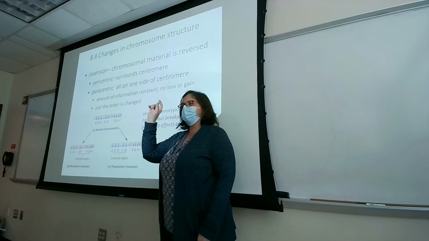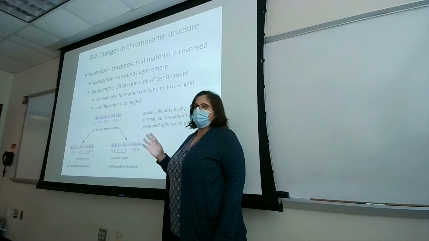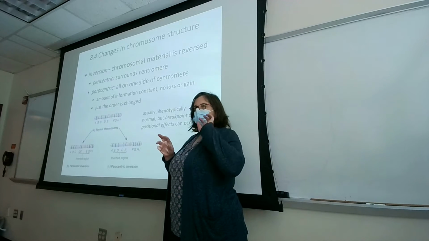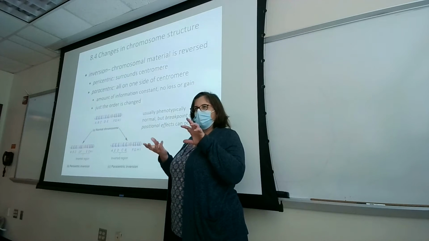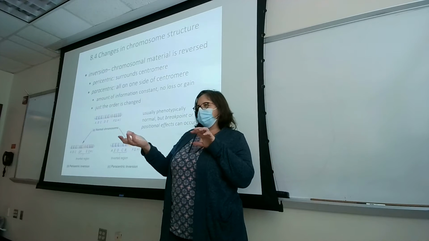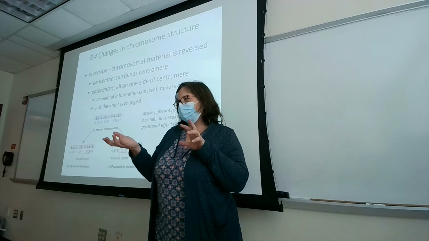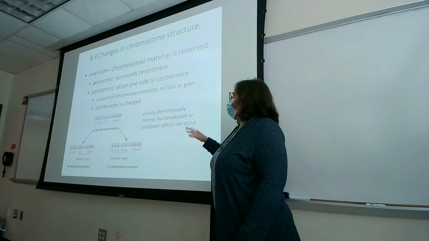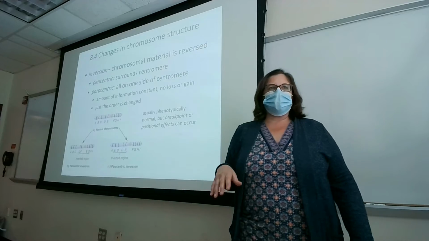So you've moved it into a region that now behaves differently. Do you remember what imprinting was? Where it's turned off in one parent and turned on in the other. So if you move it into a region where it's not supposed to be on or off, then you might have some positional effects. But usually you don't have a phenotype at all.